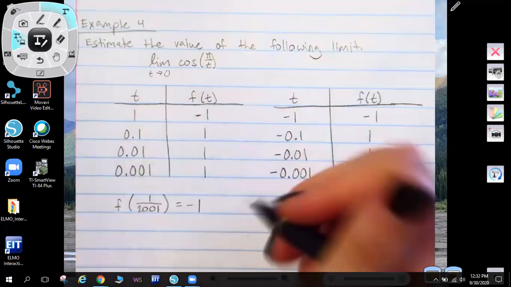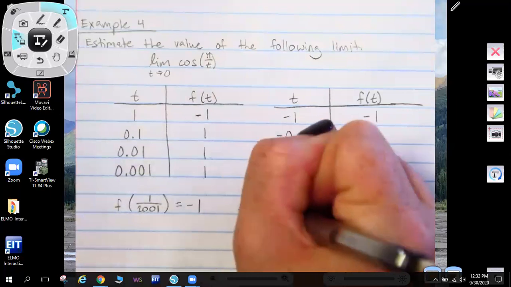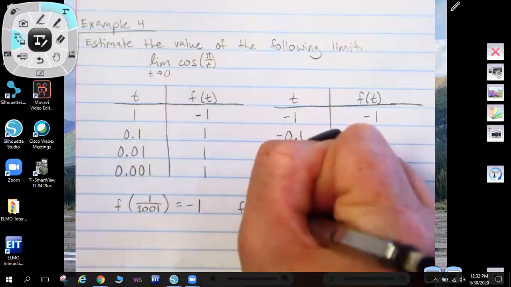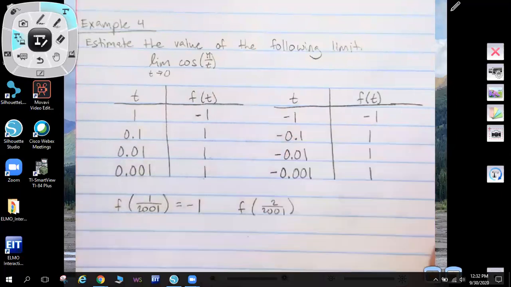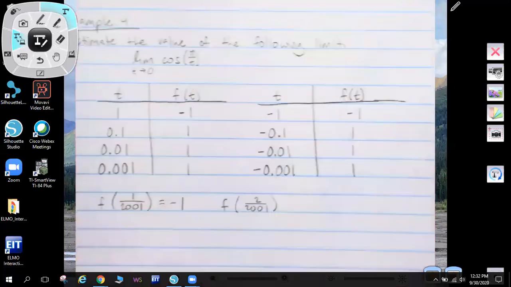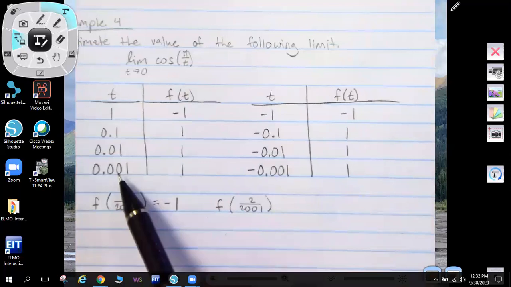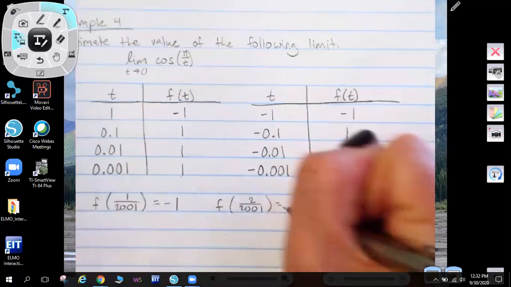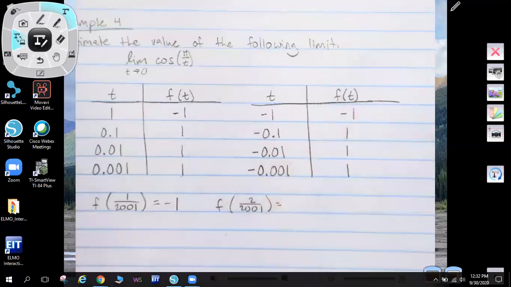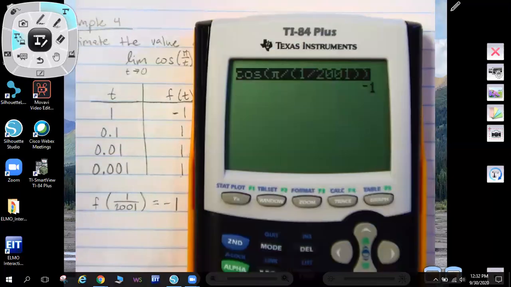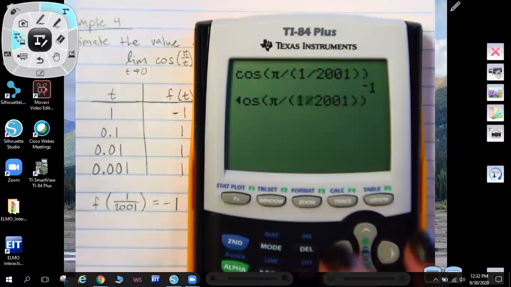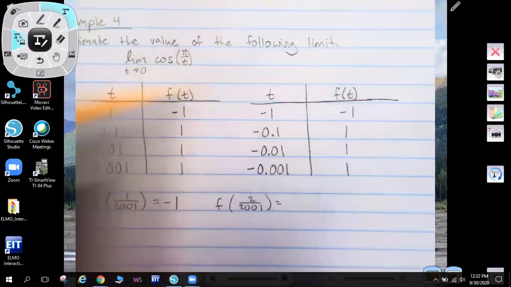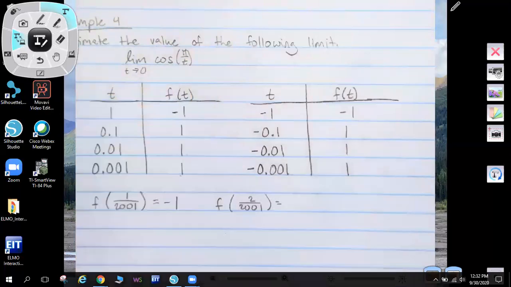Okay, what about f of 2 over 2001? Another number that's closer to 0 than anything that we tried in our chart. So this is going to look the same as this one, except changing this 1 to 2. Okay, times 10 to the -12.